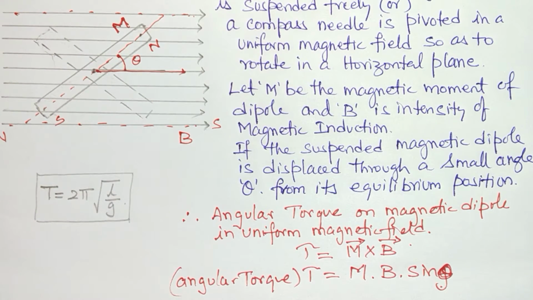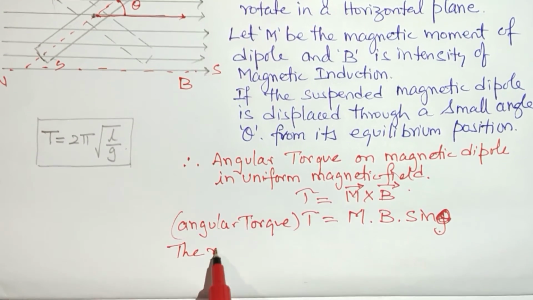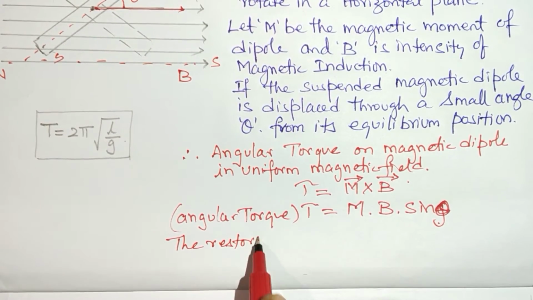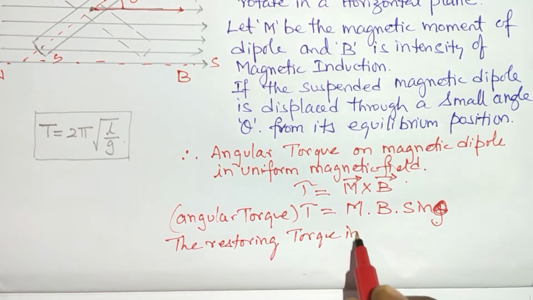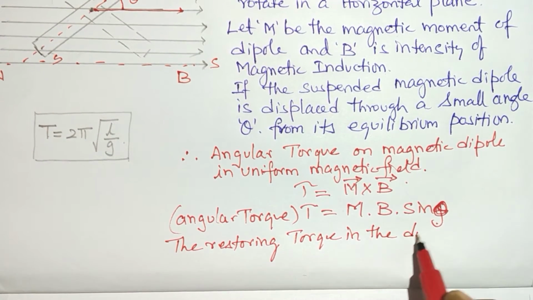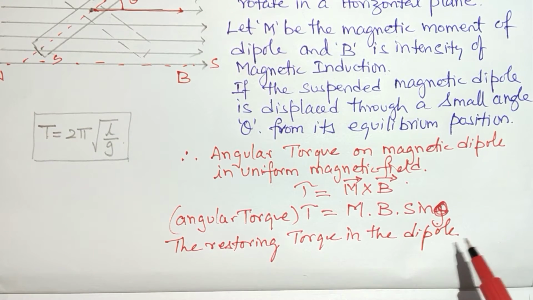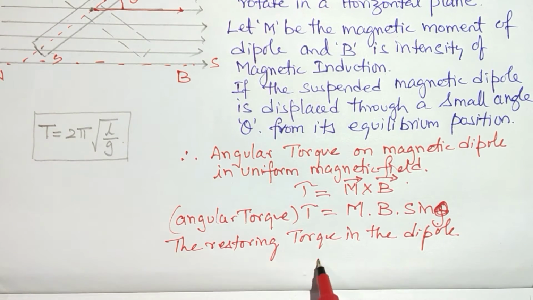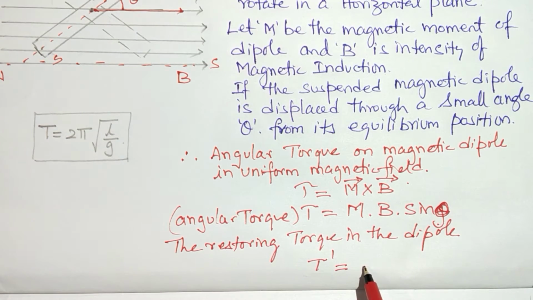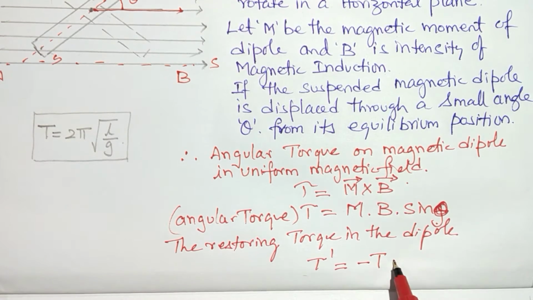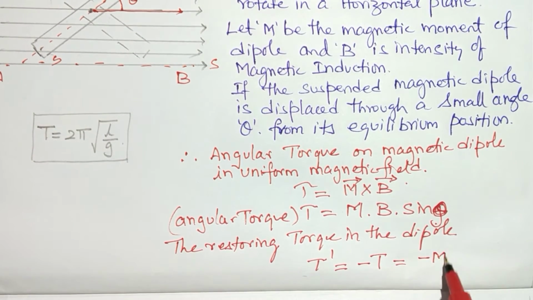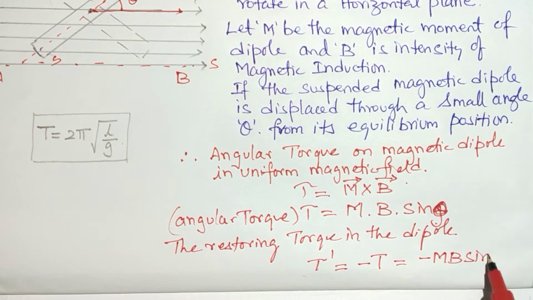Therefore the restoring torque in the dipole, I will mark it as tau dash, is equal to minus tau. The restoring torque will always be in the opposite direction. So it is minus M into B into sin theta.